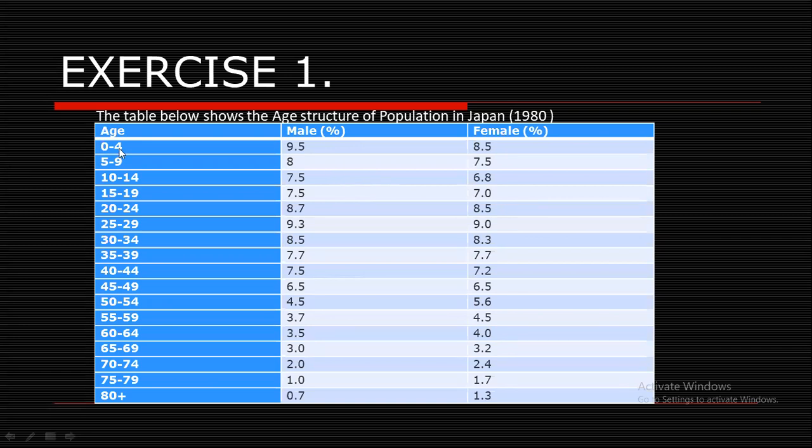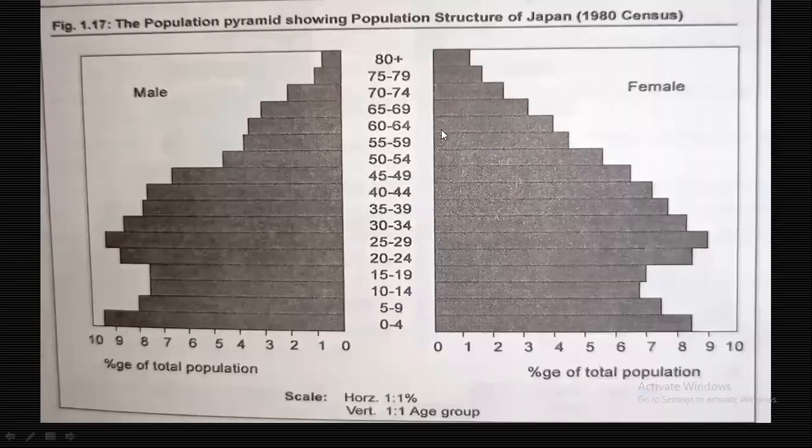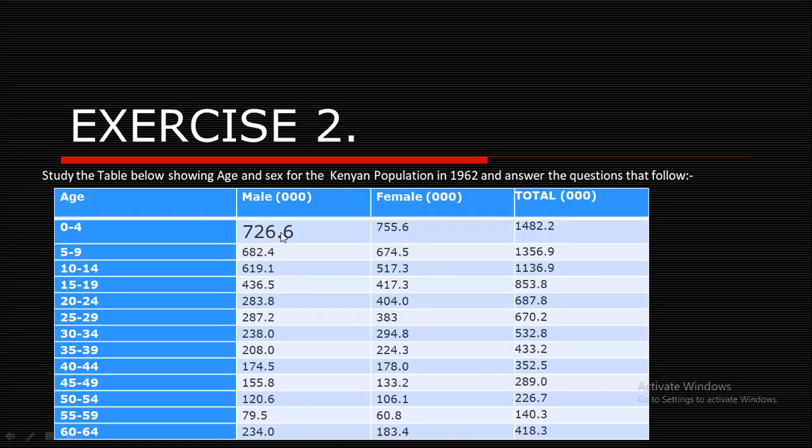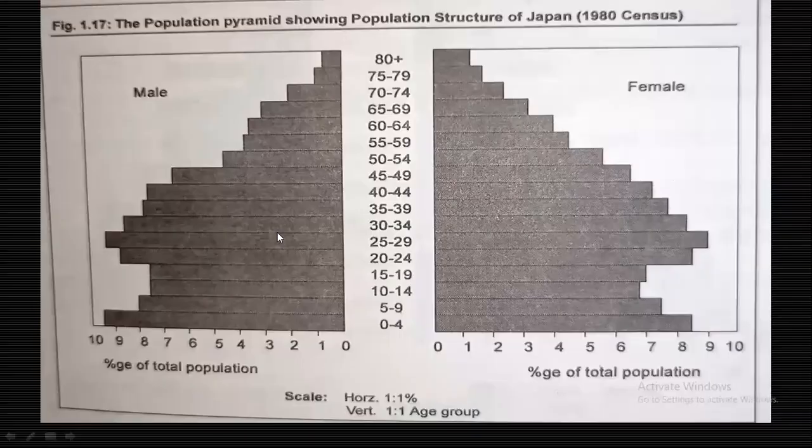Now, for the units that we have here, 0 to 4 is represented by 9.5 for the male. And then the female is represented by 8.5. These ones we are going to represent on this side. The ones for female are on this side.